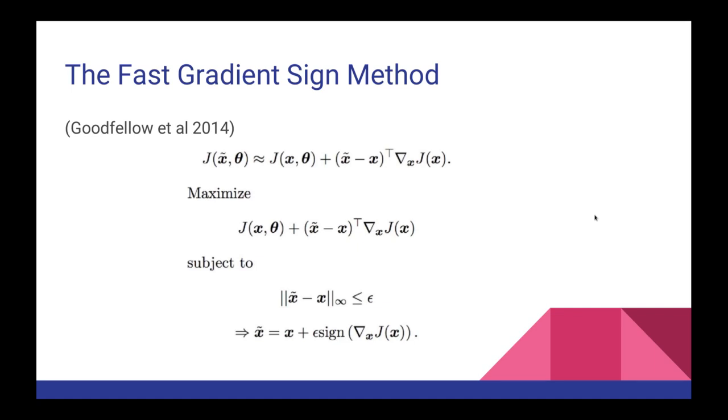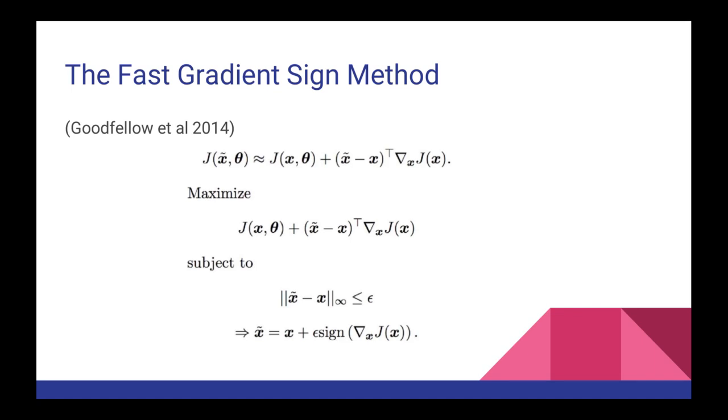We talked about FGSM before. So the fast gradient sign method is one of the earliest methods introduced for crafting adversarial examples. It's essentially an optimization problem, and the goal of this optimization is to maximize the error incurred by a certain perturbation while keeping the distance between the perturbed image and the original image below a threshold.